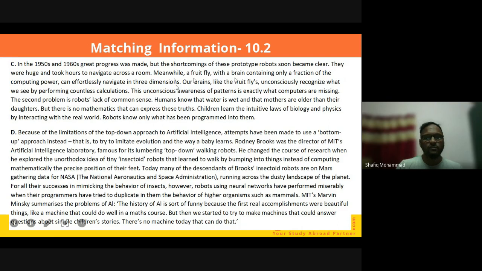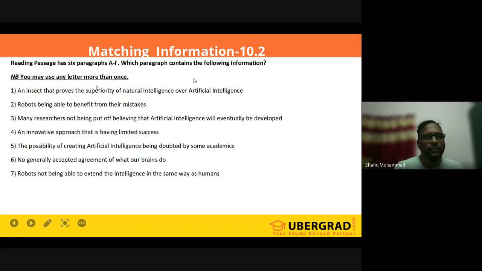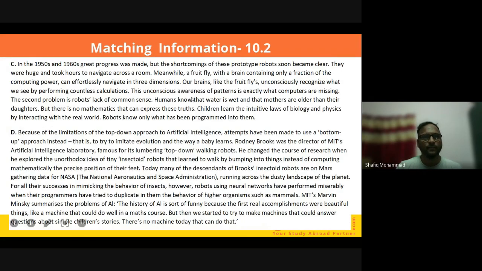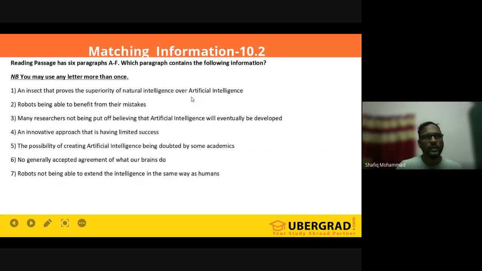So it's talking about some fly here. Definitely it is the number one, because an insect proves the superiority of natural intelligence. So the insect is a fruit fly and it is showing some superiority over AI, isn't it? So it should be C. So the first one is C.